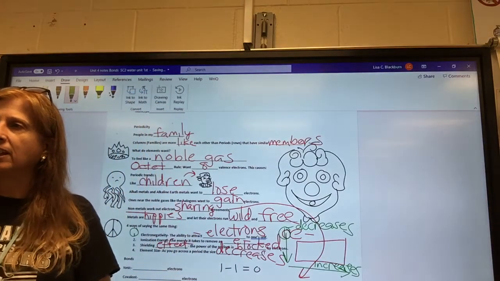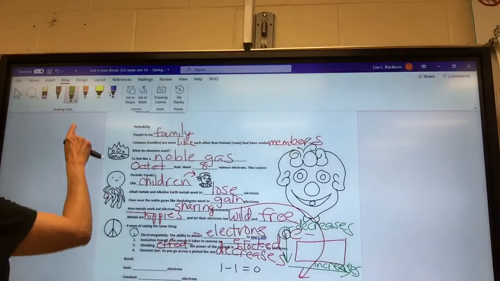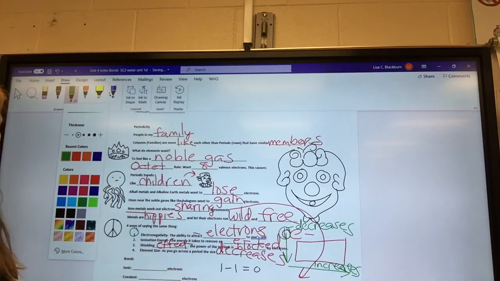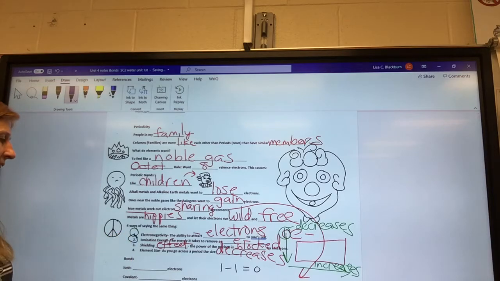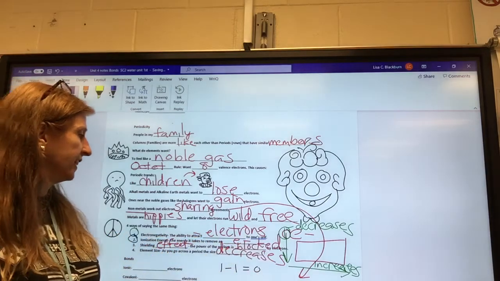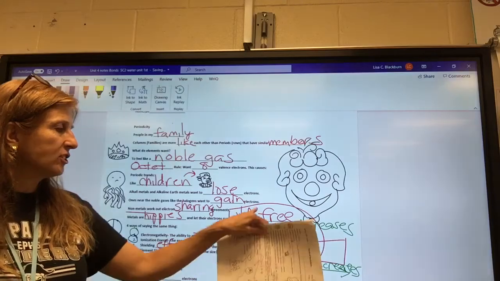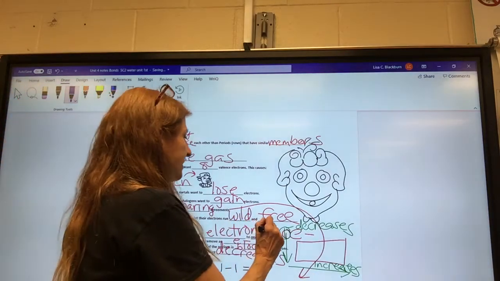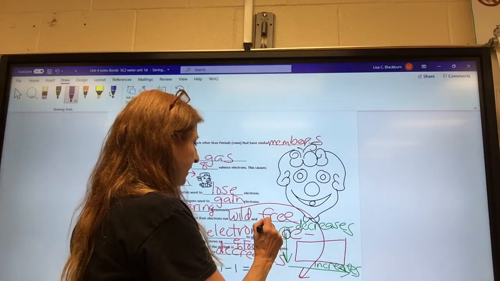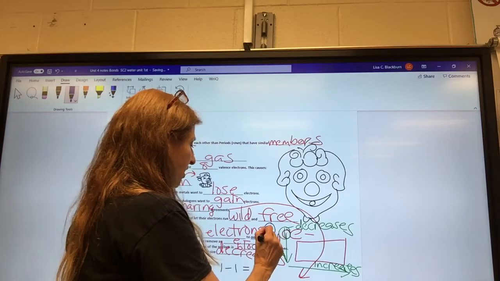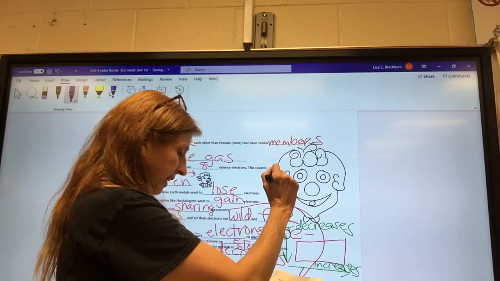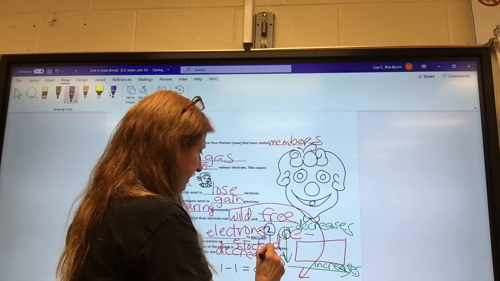Do you understand? Okay, now I'm going to change the color. Now we'll go to blue. Okay. So for number 2, ionization energy, the energy it takes to remove an electron. As we go down a family, is that going to increase or decrease? As you go down, it is going to decrease.